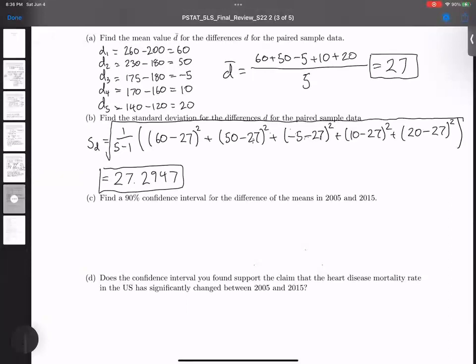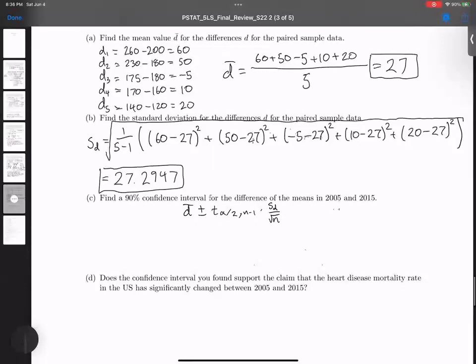Now we're going to find a 90% confidence interval for the difference of the means in 2005 and 2015. Essentially just create a confidence interval. For paired sample data like this, the formula for it, which is on your formula sheet, is basically the same as the regular confidence interval involving t, where instead of an x bar, this is now d bar, plus or minus the same t sub alpha over 2, comma n minus 1, times now sd over square root of n.